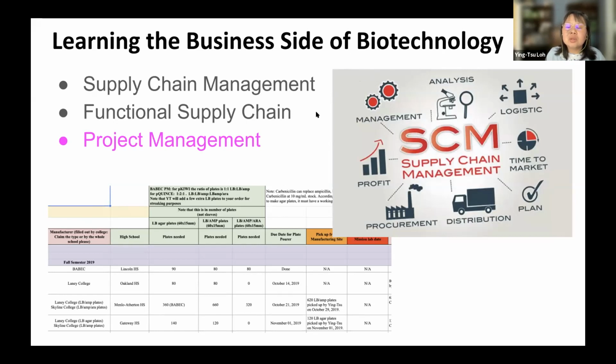And those skills are also in project management. So learning how to sort of think ahead and see what's needed. Down here on the chart are our way of managing the plates that are needed, for example, for going to high schools. So you can see Laney College making so many plates that needs to be delivered by a certain date.